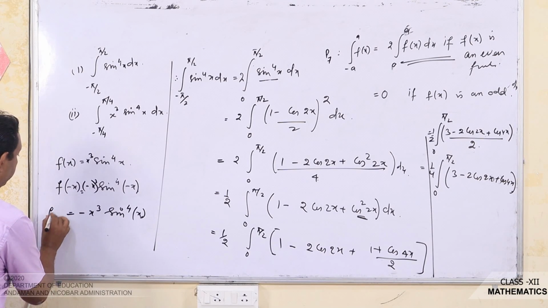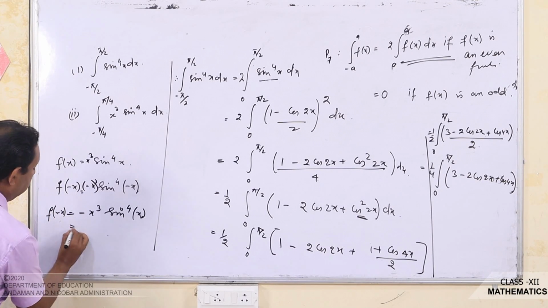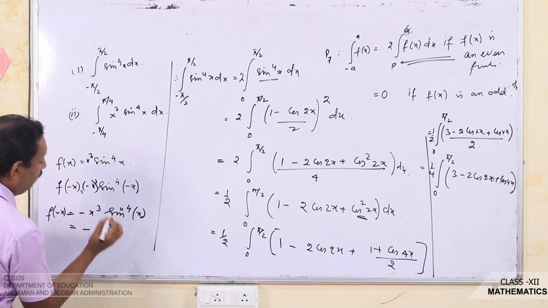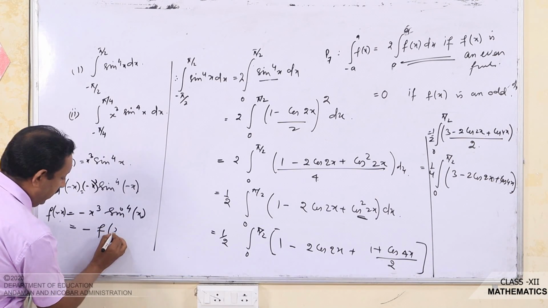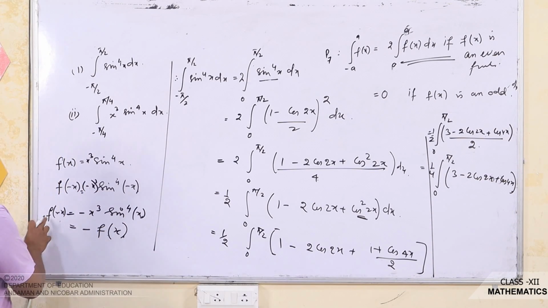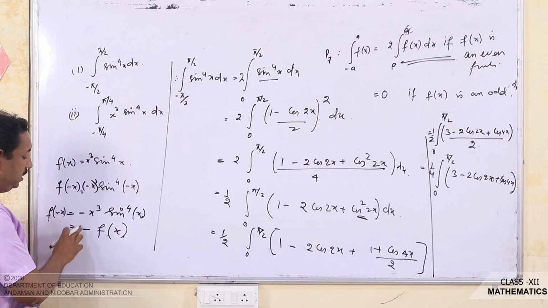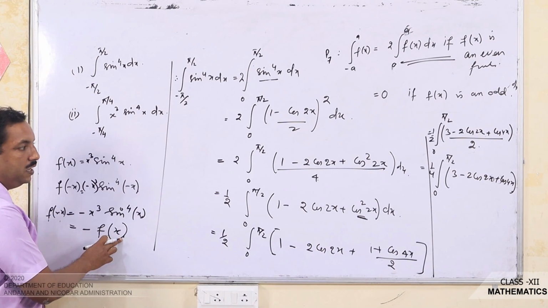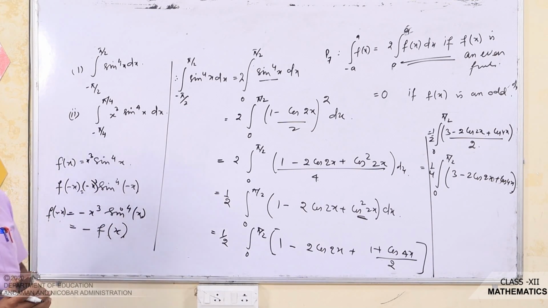So, now look here, that is nothing but minus f of x. So, f of minus x equals minus f of x, that shows that this is an odd function.